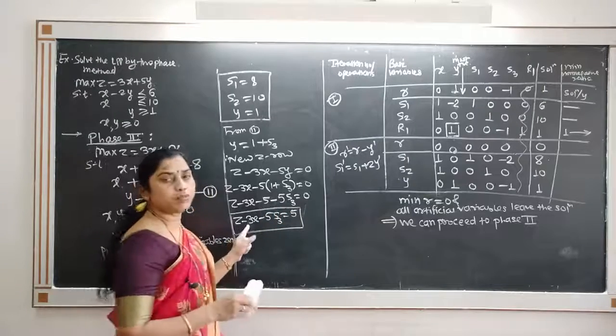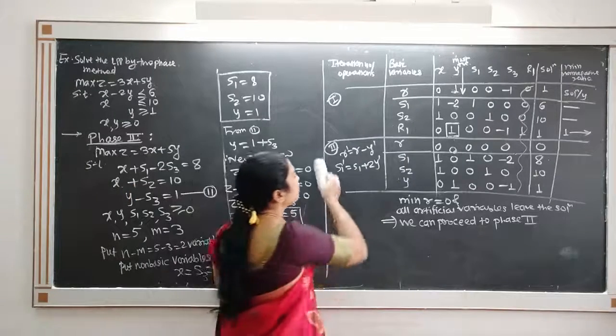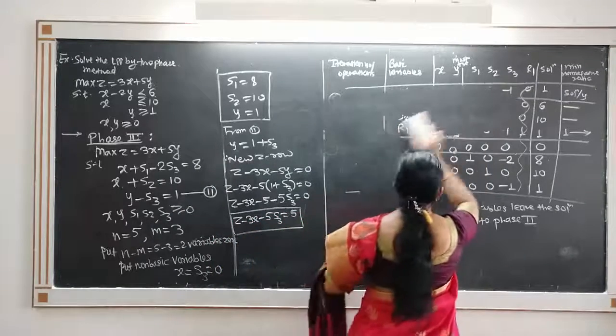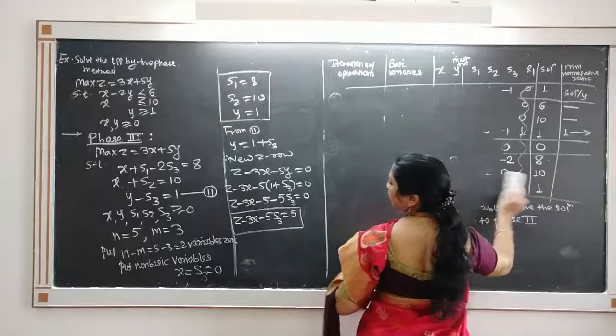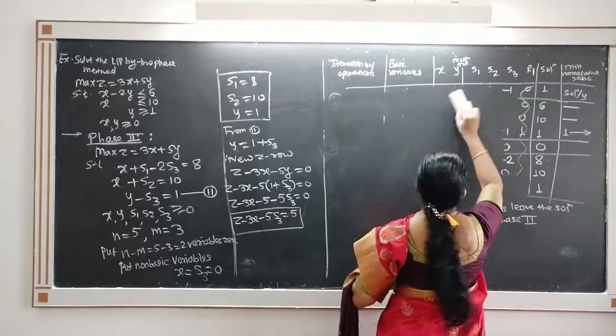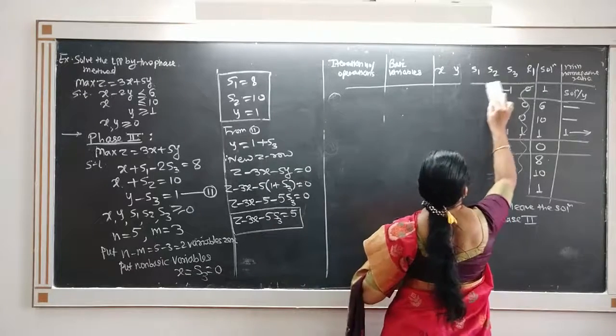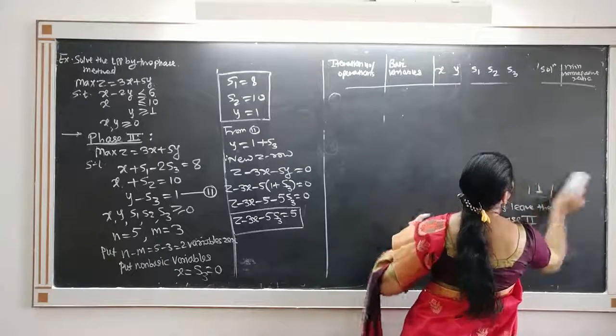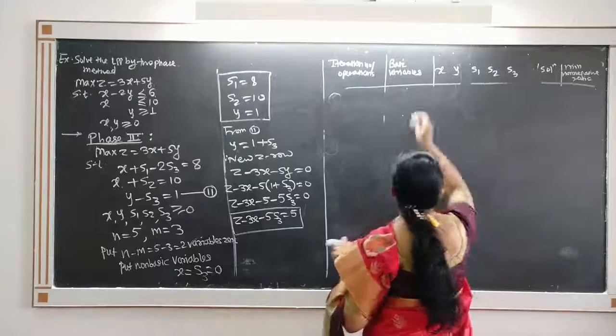Once we get the new objective function, we will prepare the simplex table for that. So consider the simplex table. Now there are 5 variables x, y, s1, s2 and s3, then solution and minimum non-negative ratio.